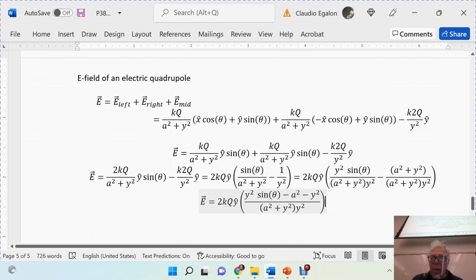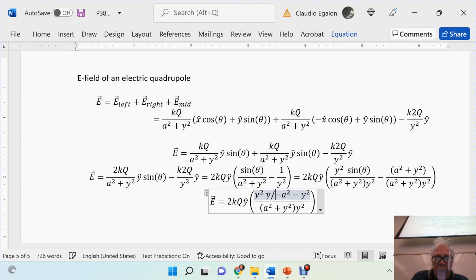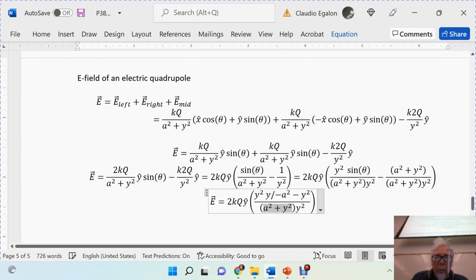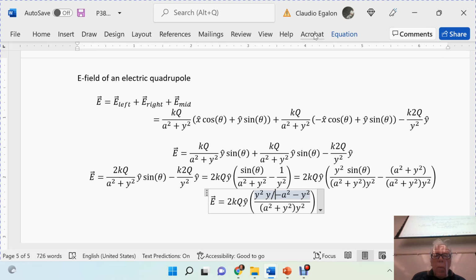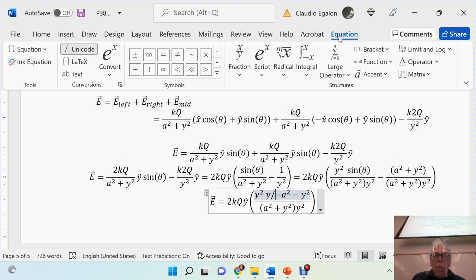Okay, so next step, we get y divided by the square root of this term. Square root right in here.